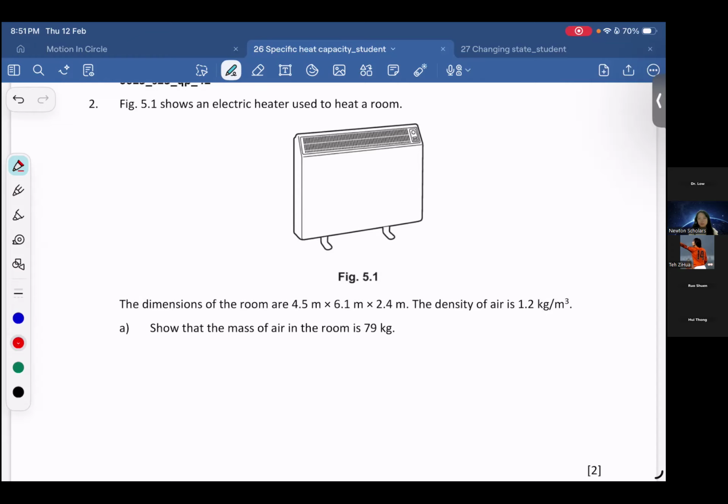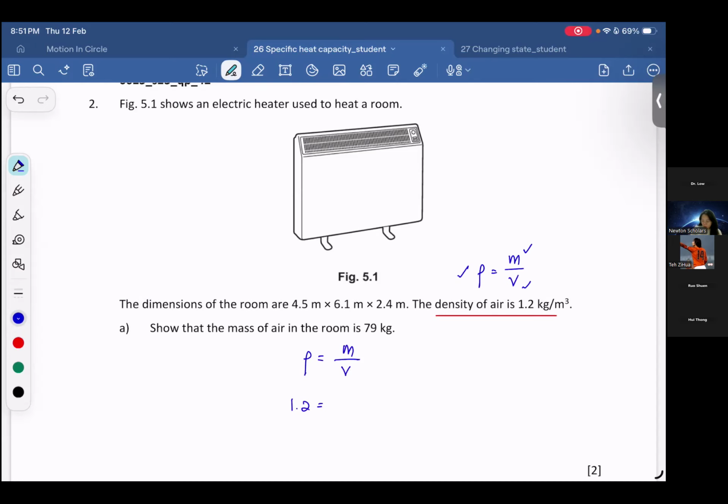What formula can you use to find the mass? Angeline, okay already? Every time you see some information, you ask yourself, what is the formula related to this? Density is mass divided by volume. We have the density, and the volume we can also calculate. So density is mass divided by volume.